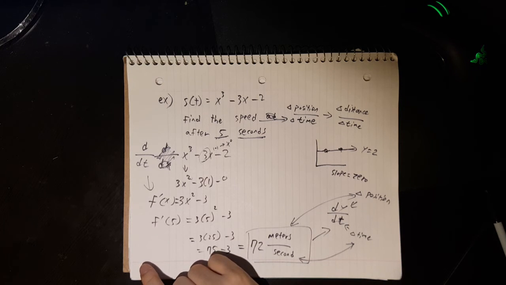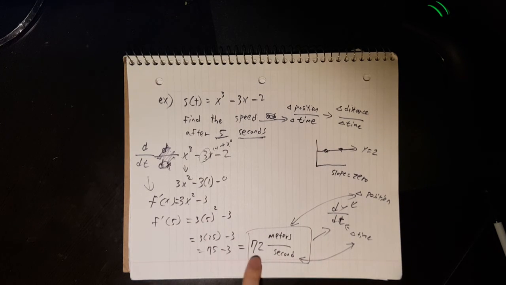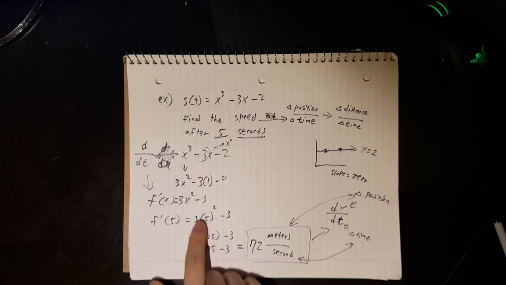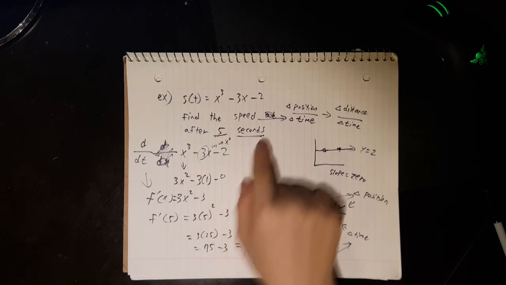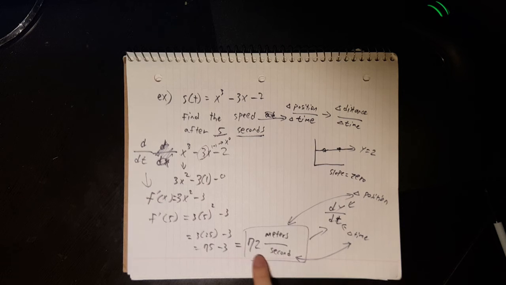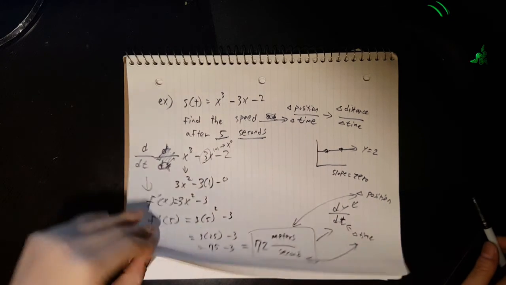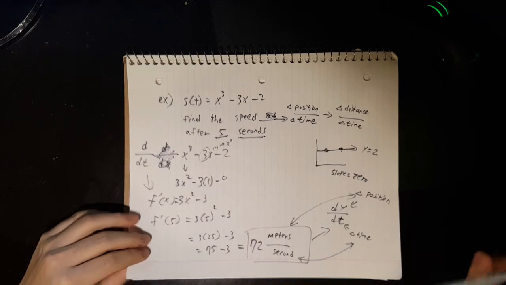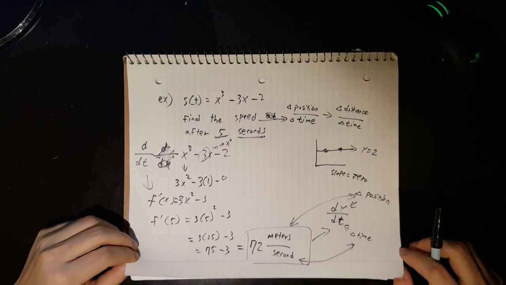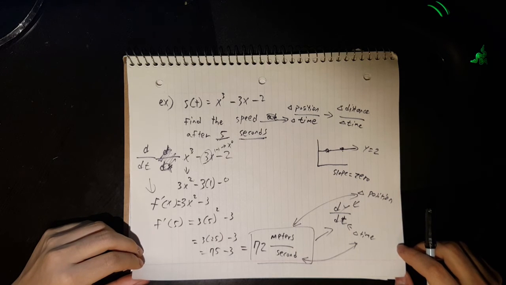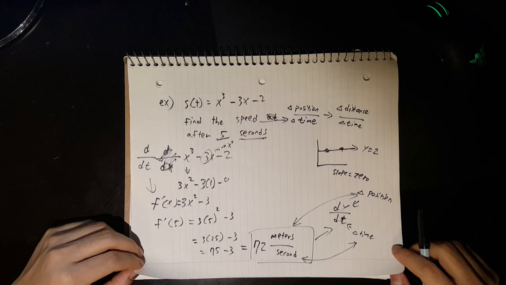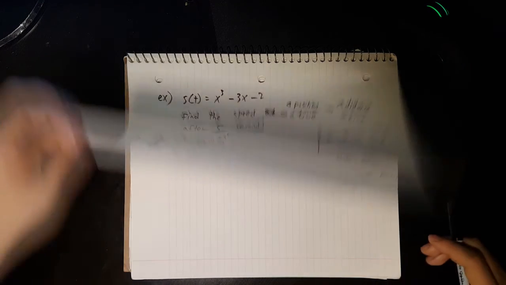And yeah, you can just find the slope, the speed at any time with this function of this specific car. And we found out that it's 72 meters per second. That is incredibly fast, by the way. You would not survive that. Yeah, maybe you would. No, this is way too fast. Probably too fast to drive in a street, anyways.